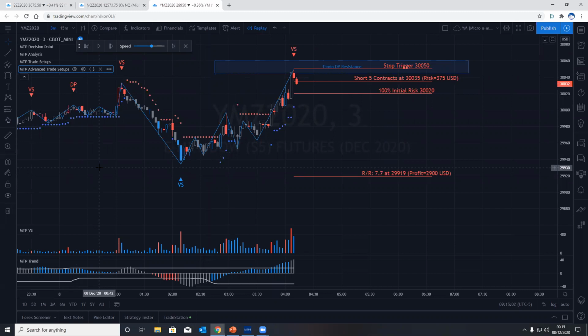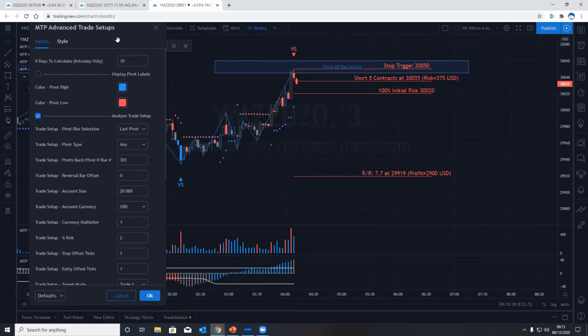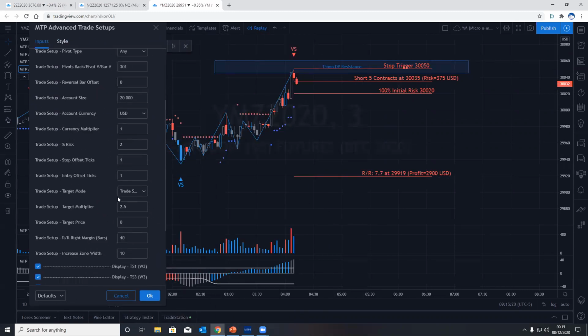Maybe, as time goes on and the Pine script language develops and gets better, we might be able to do more, and then we might be able to put our DP targets or our WPT targets in the script here. But what we do have is the ability, on the target mode here, do you see this?